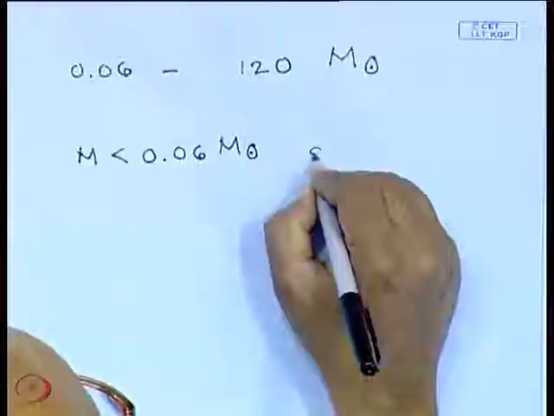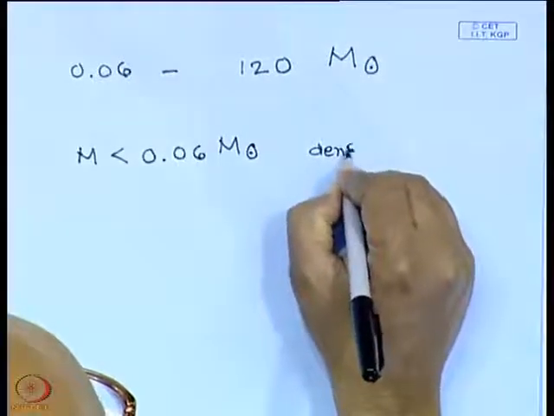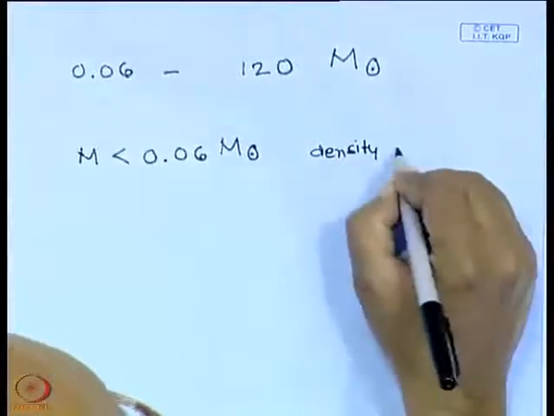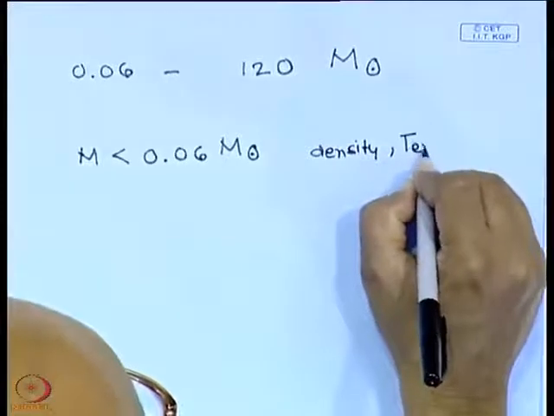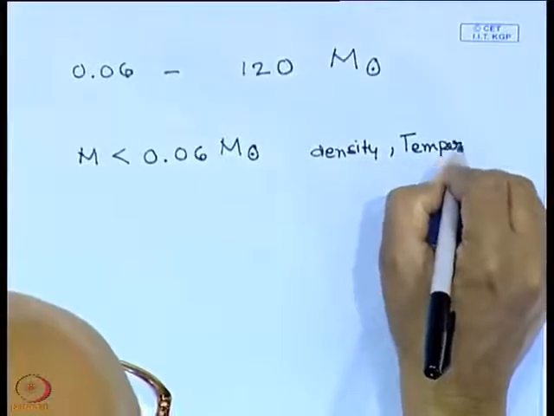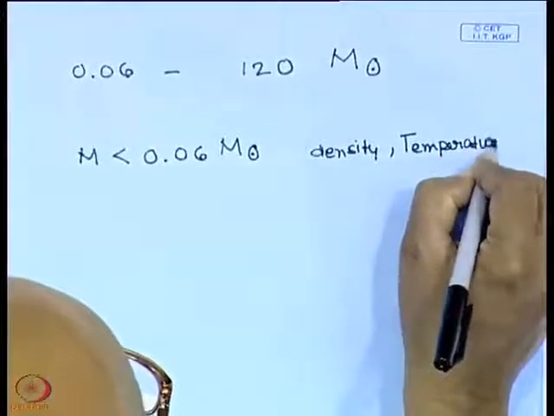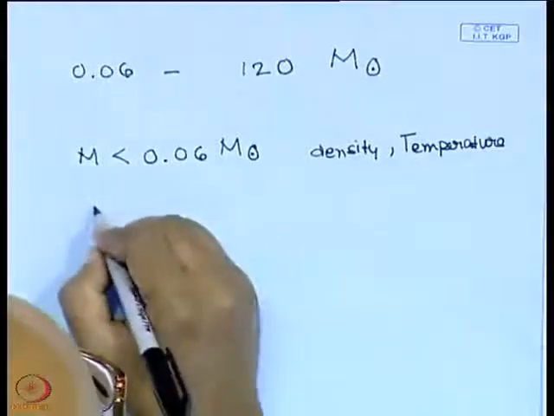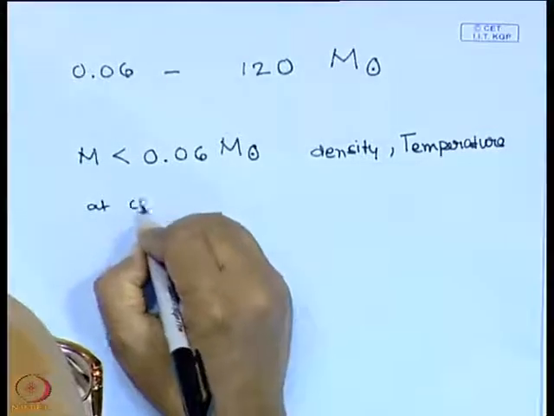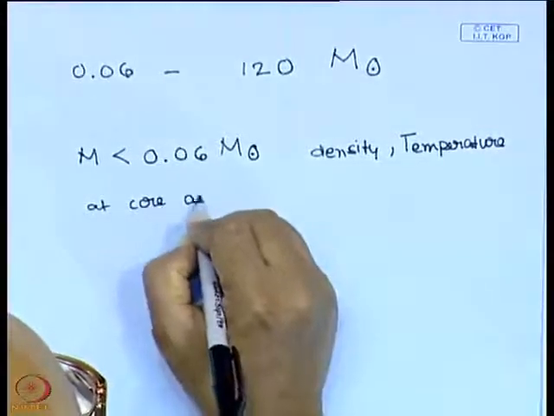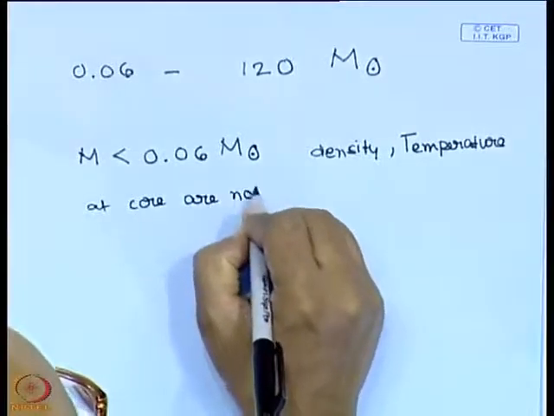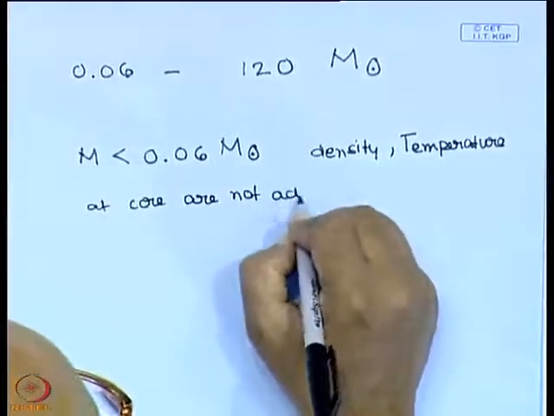It turns out that the density and temperature at the core are not adequate for hydrogen burning.